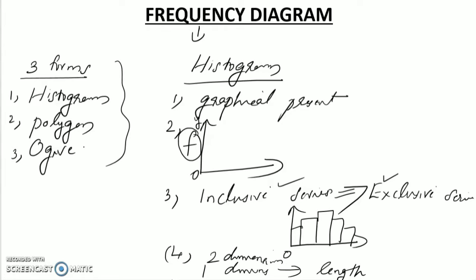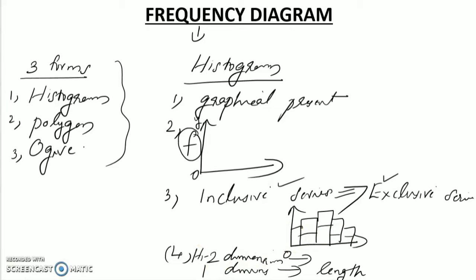But the histogram is two-dimensional, that is, we have to consider the length and width of each bar. This is length and this is width. Both we have to consider. That is why it is said histogram is two-dimensional. Hope this portion is clear.